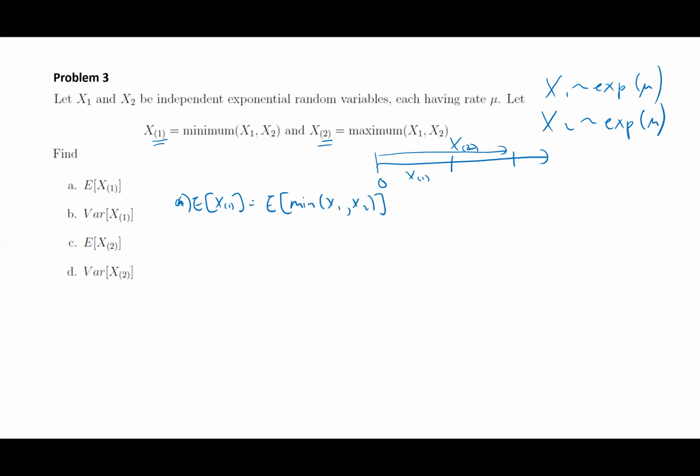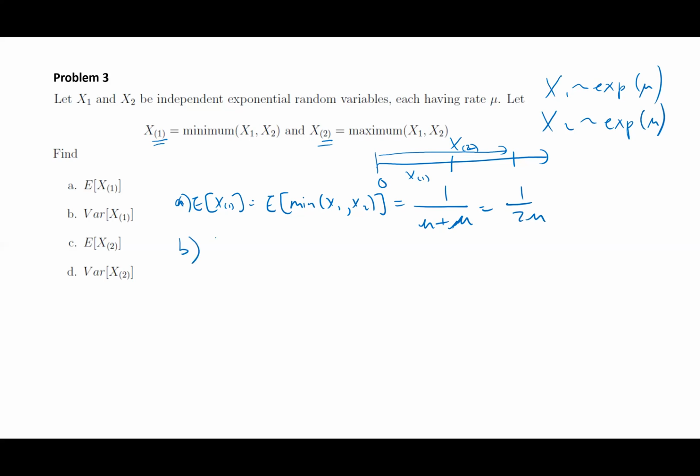Given that it's the minimum of two exponential random variables, this is just going to be 1 over the sum of the mu's, because the minimum of exponentials behaves like an exponential on its own with all of the rates combined. This will be 1 over mu plus mu, so you get 1 over 2 mu.